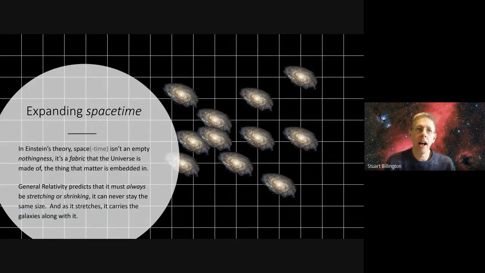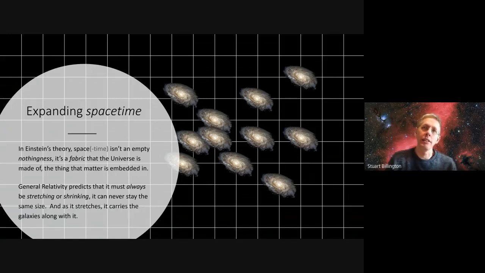It's a stretchy fabric, more like rubber than paper. And if we were to draw a grid on it, like a piece of graph paper, well, it's not graph paper, it's graph rubber. And what Einstein's saying is that space-time can't stay the same size. It has to stretch, or actually shrink, but we seem to be in a stretching version of it.